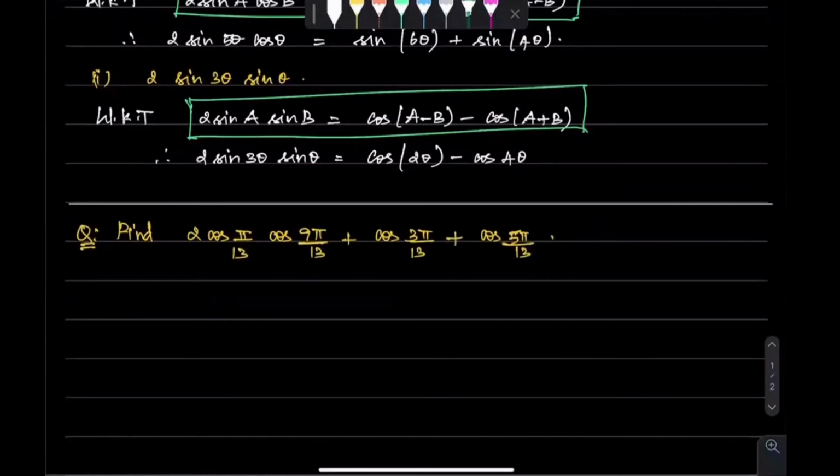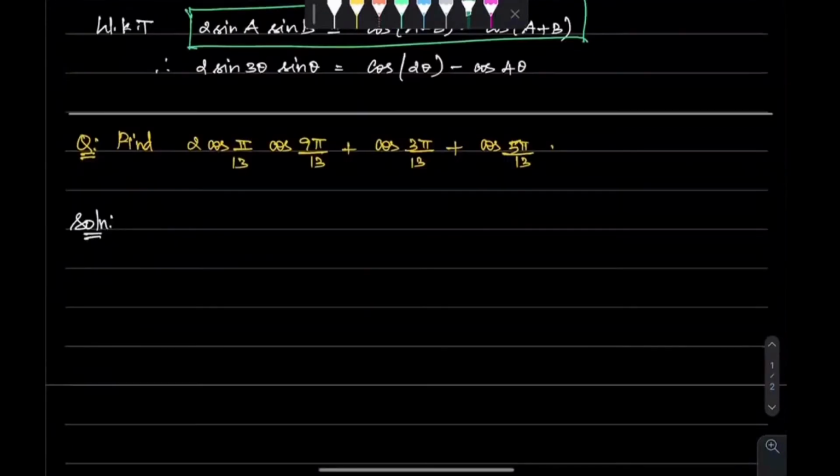Go ahead and find the value. So let's do it. Consider 2 cos pi by 13.